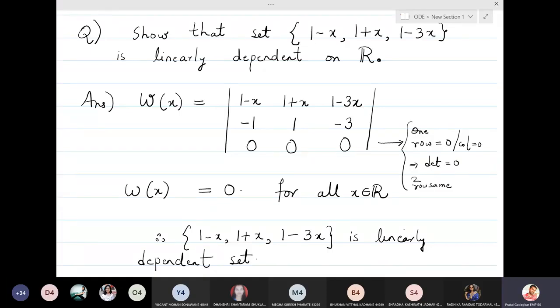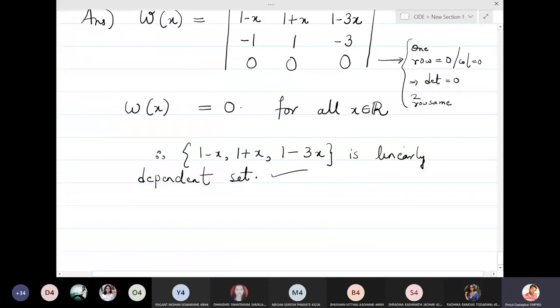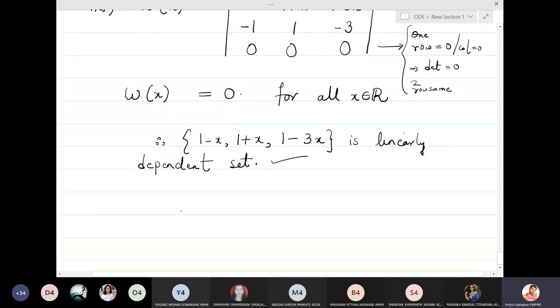What I observe is this, and why am I doing this? Because I've concluded that they are linearly dependent. If you look at the three functions carefully, 1 minus x, 1 plus x, and 1 minus 3x, you may have some different observation.